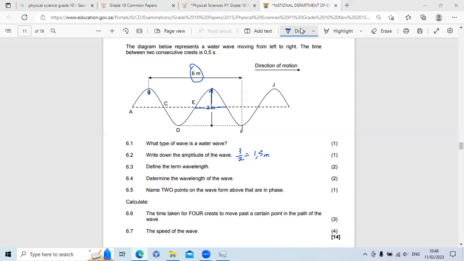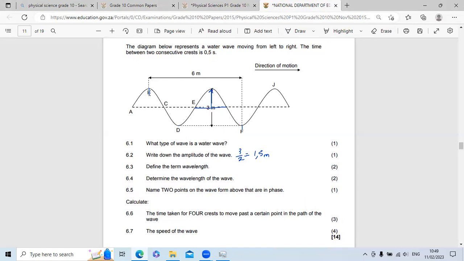Excuse me, is the distance 3 meters? The distance is 6 meters. It's this distance. Oh, okay, I wrote 6 meters.